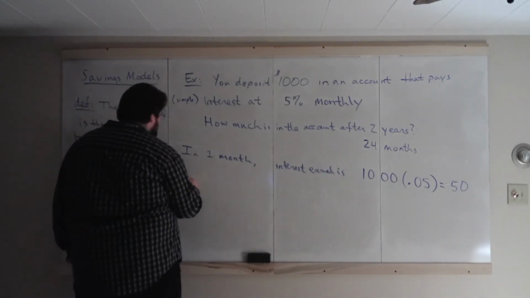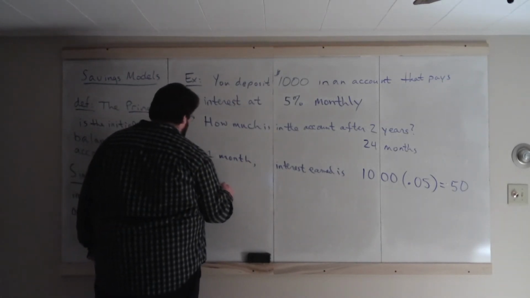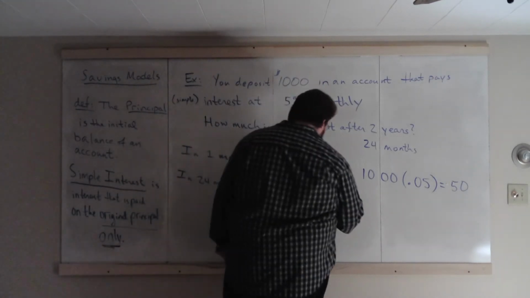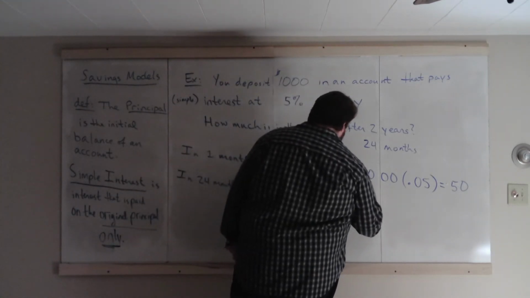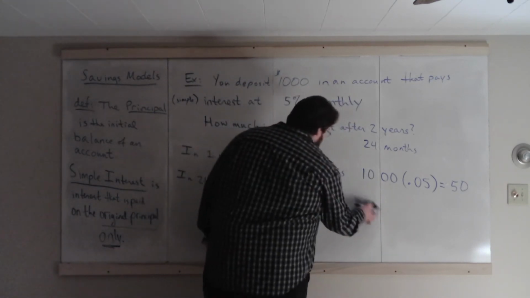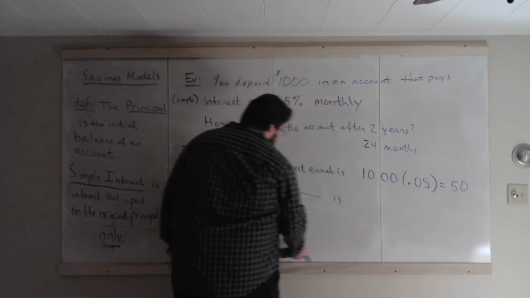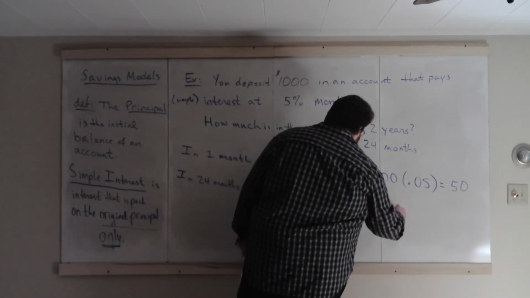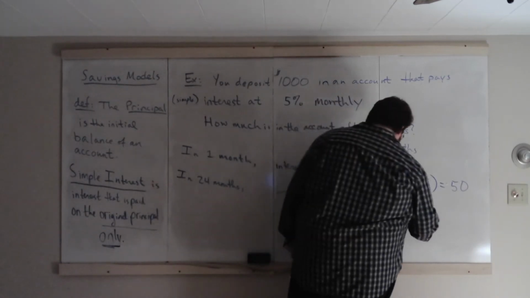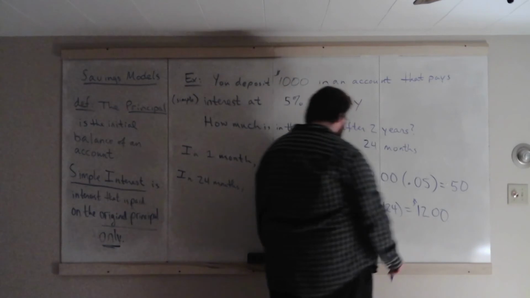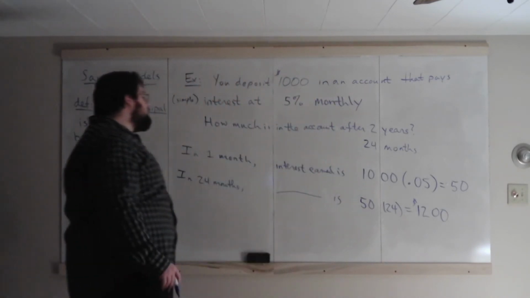So in 24 months, the interest earned is 24 times 50. Let's write it as 50 times 24 to remain consistent with the previous example. Is 50 times 24, which is what, $1,200. $50 up there also.